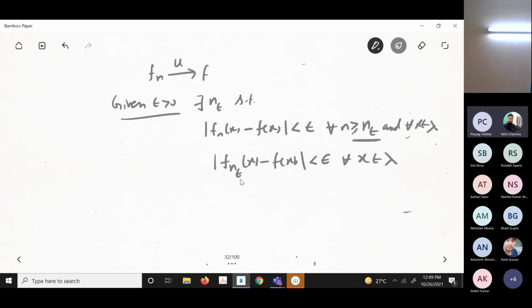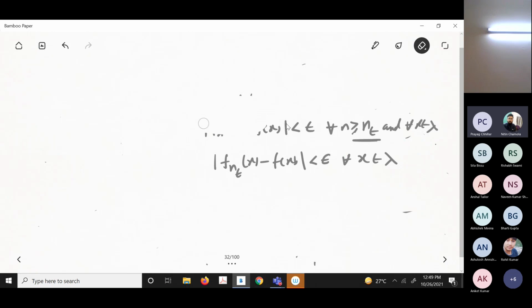Now let me give you the proof of this. You may wonder why I have not written the definition of the convergence of the sequence. I am just telling you what I need. We need to show the limit function is continuous. Now the proof.